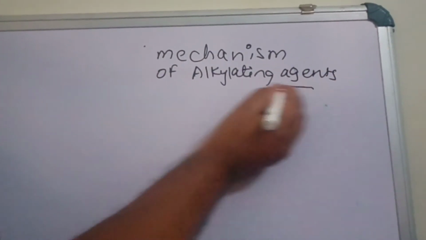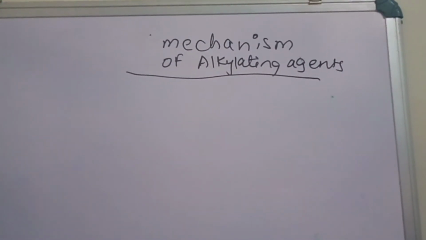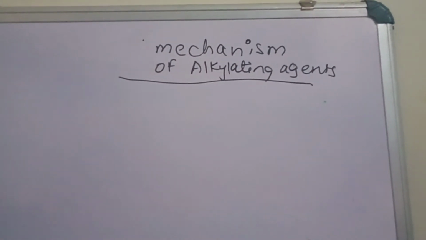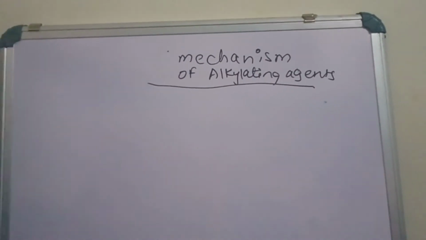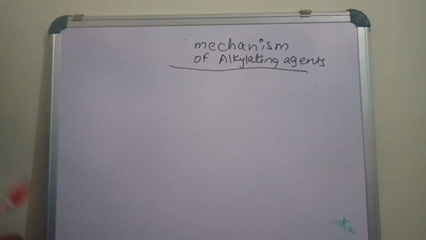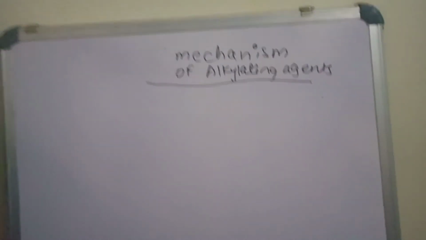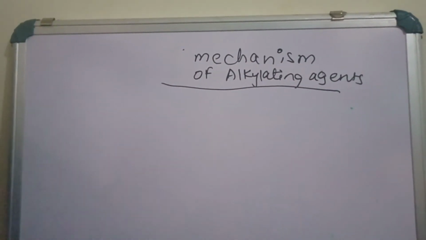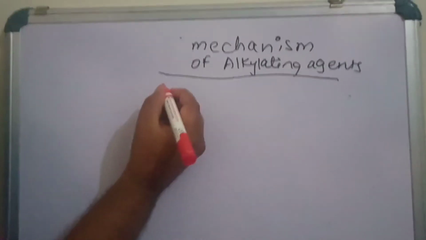Alkylating agents we have already classified. They include nitrogen mustards, ethylene amines, and alkyl sulfonates. In all cases, chlorambucil, cyclophosphamide, carmustine, lomustine, or thiotepa, how do they act? I will give you the schematic representation as well as how the mechanism of action takes place.